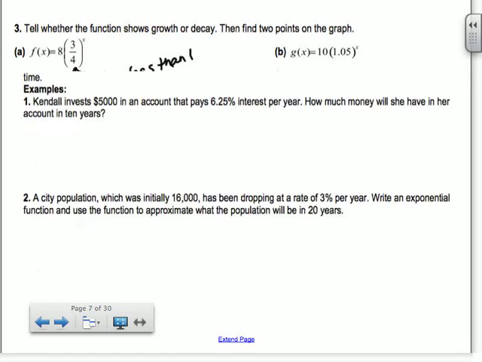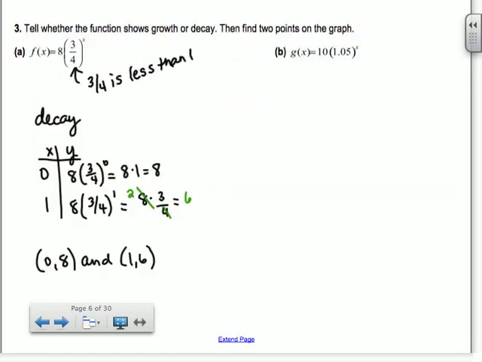Okay, so in the next one, g of x equals 10 times 1.05 to the x. So what's this? Yeah, this is growth, because the 1.05 is more than 1.